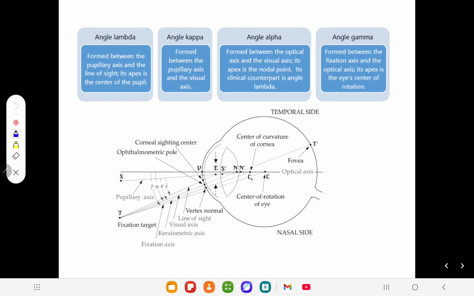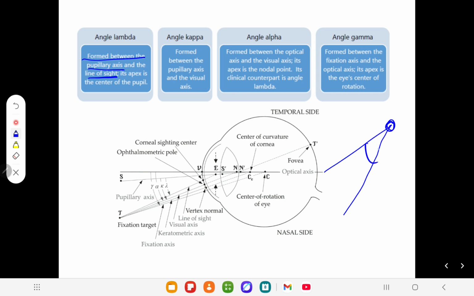The angle lambda is basically formed between the pupillary axis and the line of sight. Whenever we talk about an angle, we are talking about two straight lines and the point where they meet, the apex.